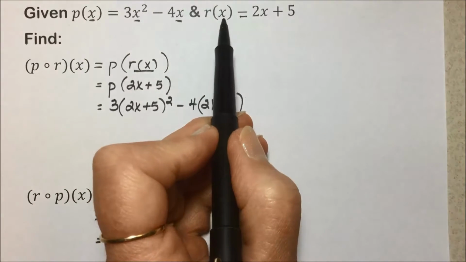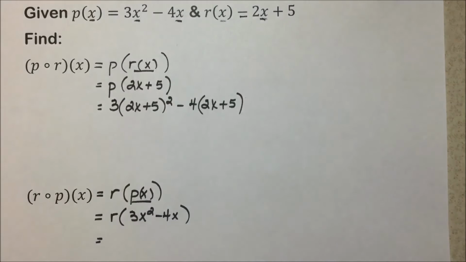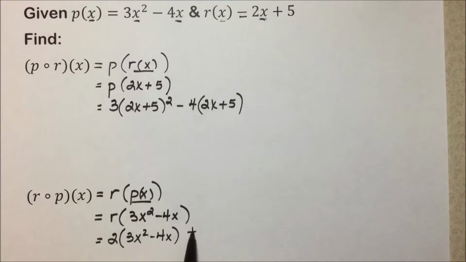R says take whatever is in the parenthesis, times it by 2, and add 5 to it. So we will take 2 times the value, 3x squared minus 4x, plus 5, and simplify this as well for our final answer. We'd use our distributive property and add 5 for our final answer.